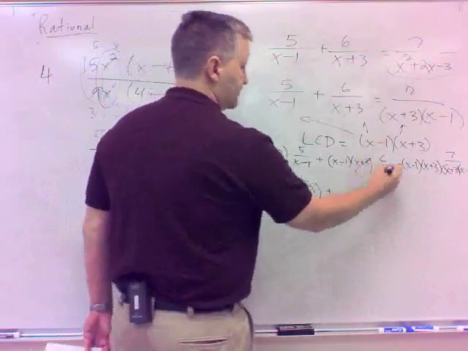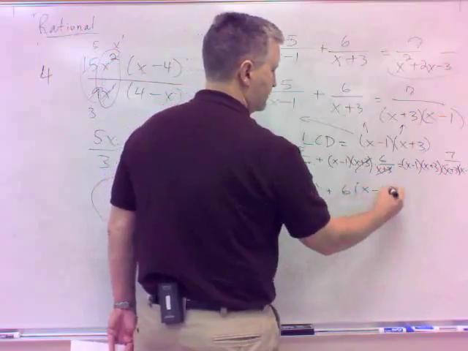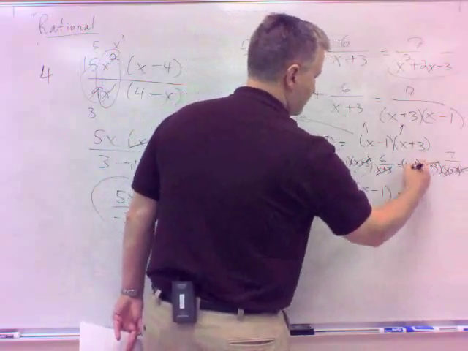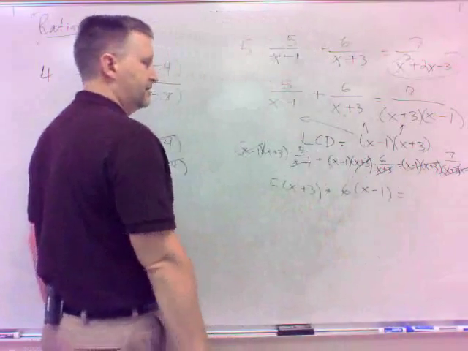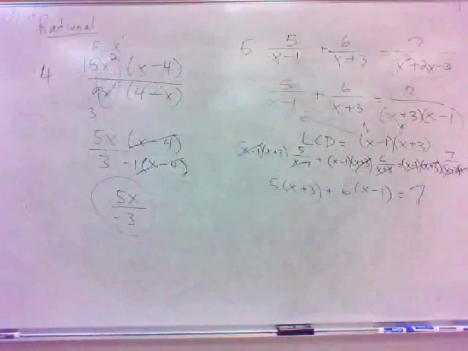Here the x plus 3's cancel, so I'll wind up with 6 times x minus 1. And here both binomials cancel, so that just leaves me a 7 there on the right.